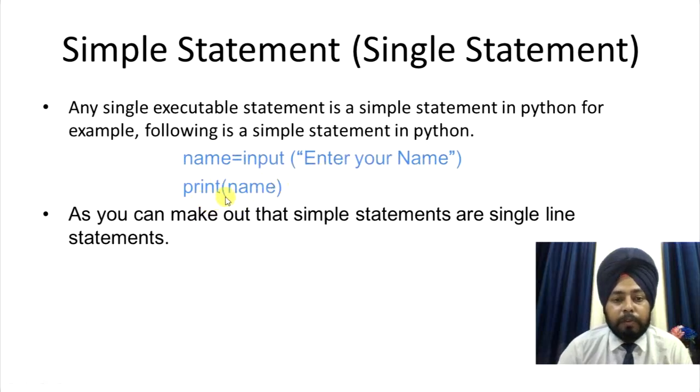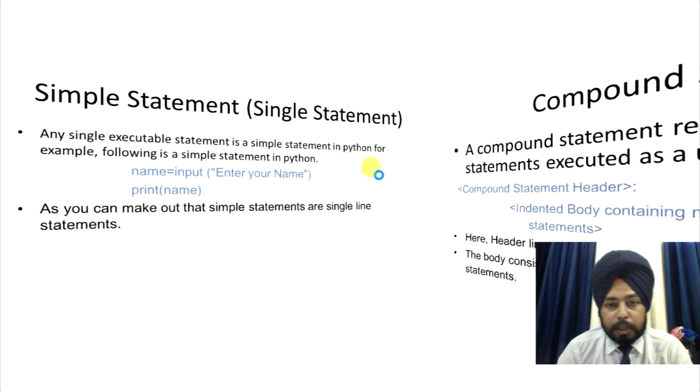Whenever you print your name, it will show the single statement that we entered here, right? As you can make out, simple statements are single line statements, meaning with this statement we can create single line statements. Move to the next topic.